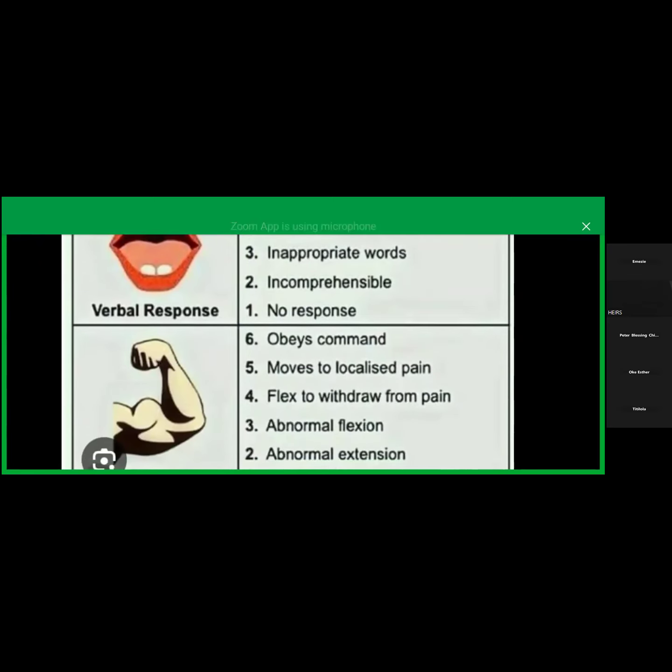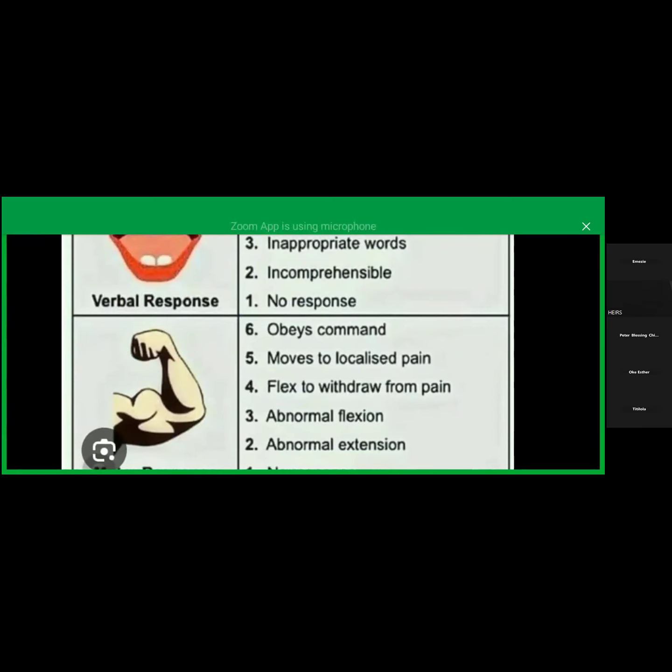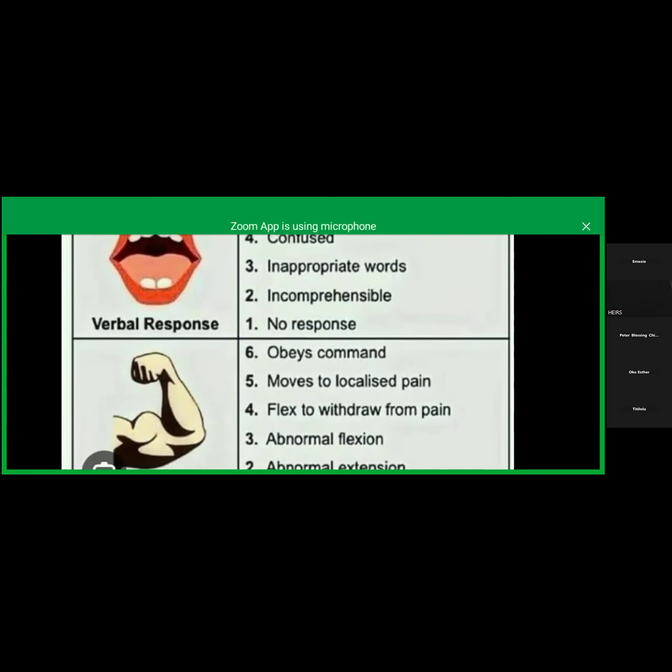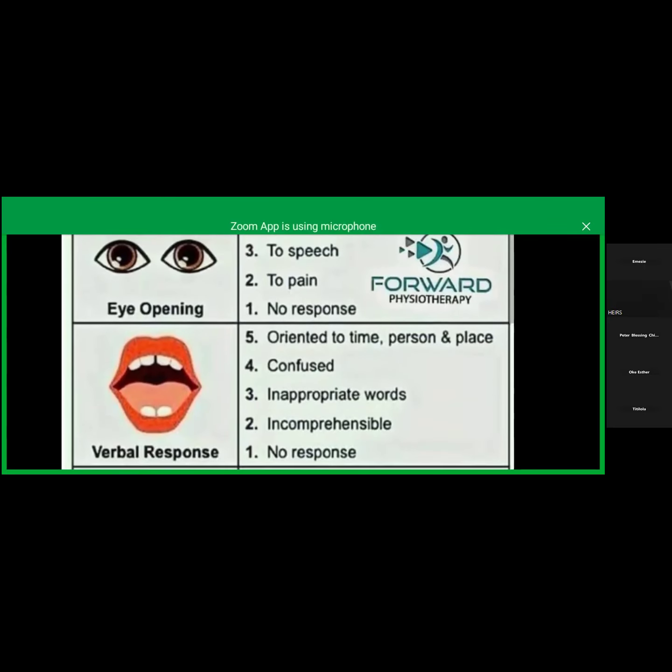And in best motor response, let's say we get 4 again. So when I have 2, 4, 4, we add 2 plus 4, that is 6, plus another 4, that is 10. So what is that person's GCS? It's 10 over 15. Okay, now let's again, in eye opening we have 2.